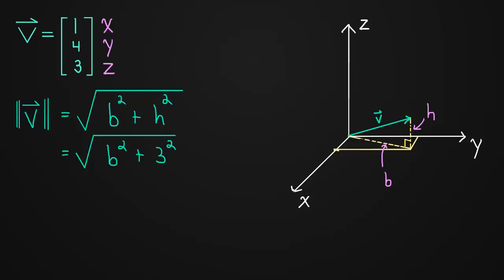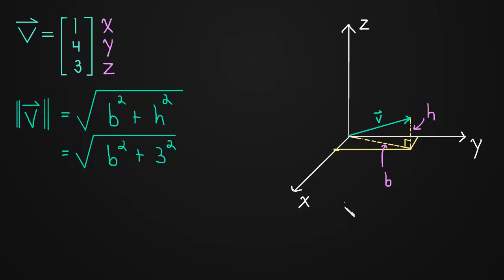Well, if you look closely, you'll notice that there's another right triangle right here. And B is the hypotenuse of this triangle that I've filled in with yellow.